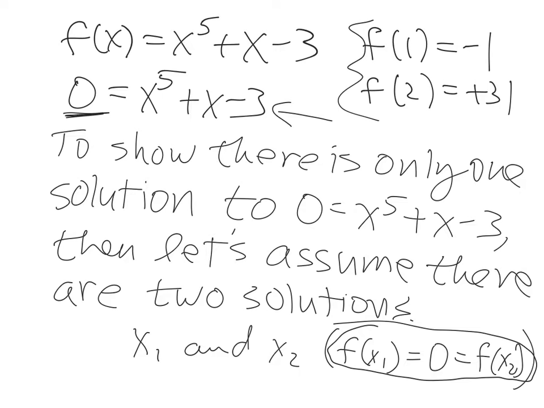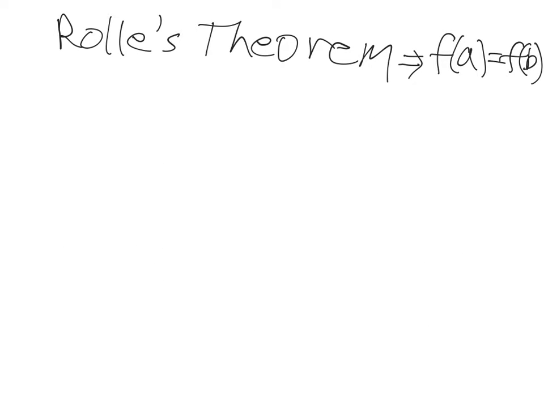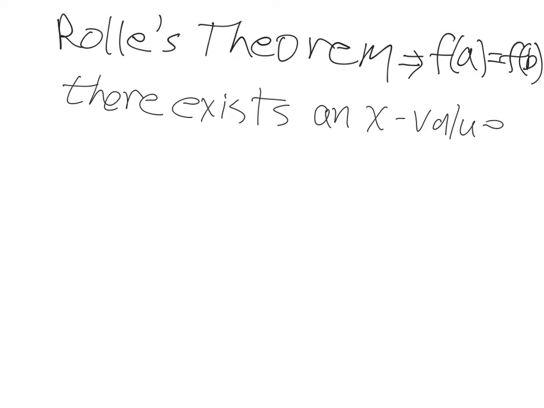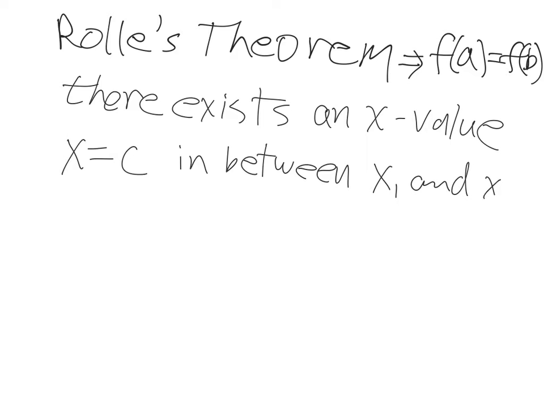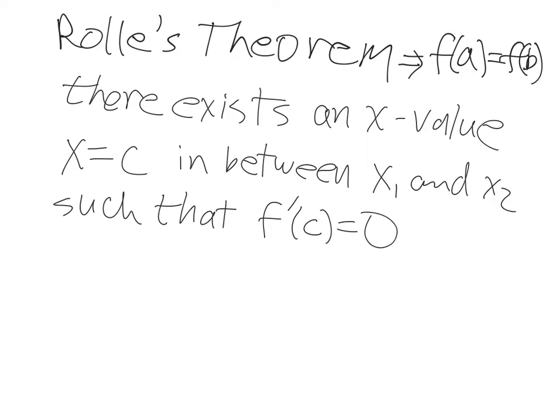So from Rolle's theorem, since f of x sub 1 and f of x sub 2 equal the same value, we can say there exists an x value, and we'll just call it c, like we've been calling it, in between x sub 1 and x sub 2, such that the derivative equals 0. f prime of c equals 0.